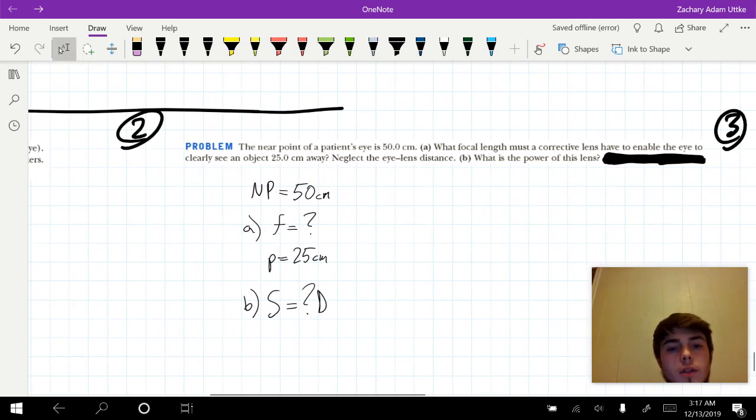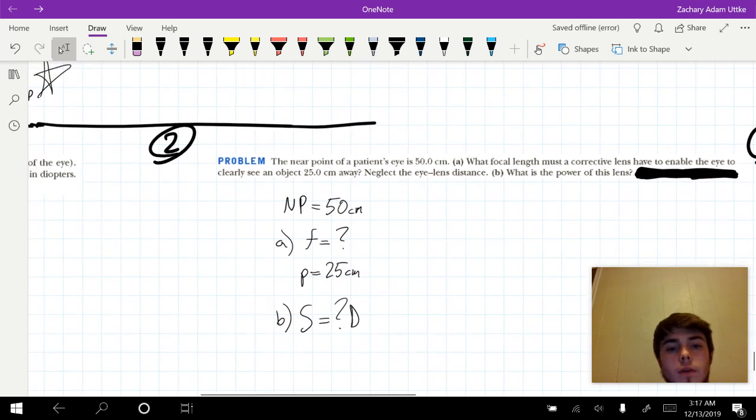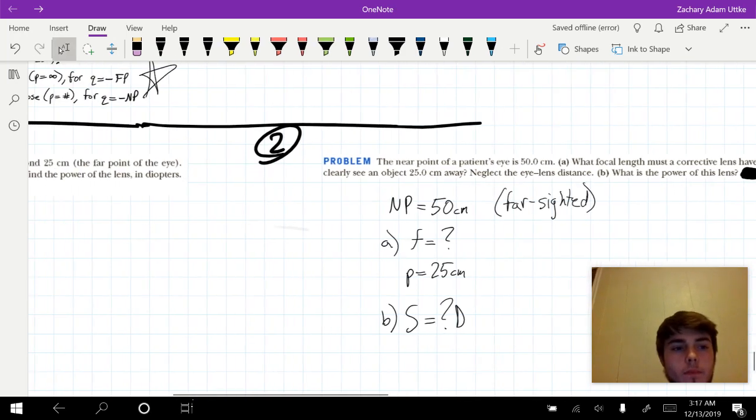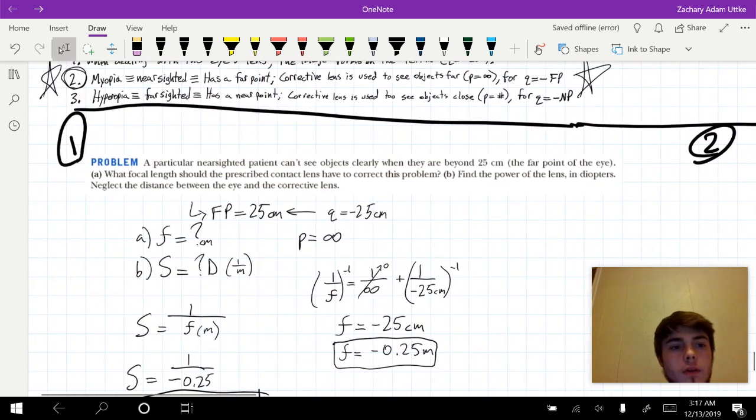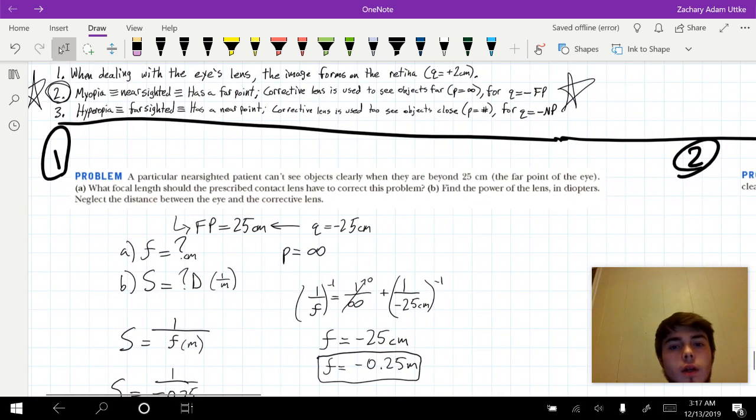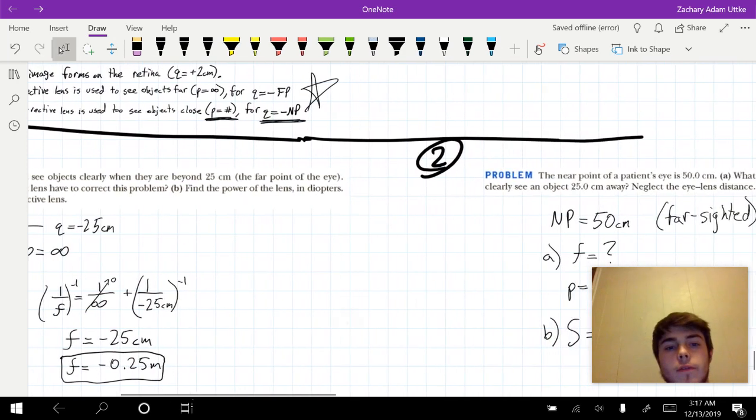Okay, so let's look at our other scenario we have. So we have a near point, that means we're farsighted. And in that case, our corrective lens will be used to see close, right? So we're looking for an object at 25 centimeters, and Q will be the negative of the near point.